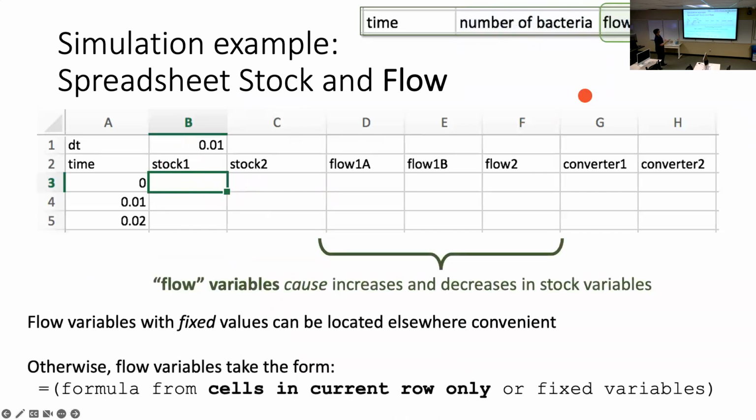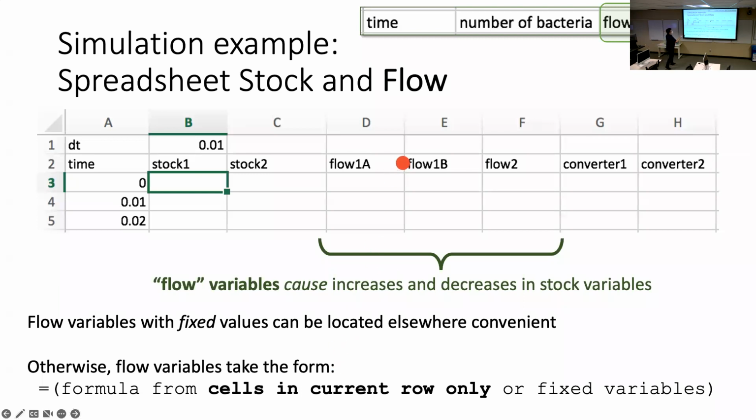So the flow of new bacteria, this is where the actual modeling comes into play. Whereas stocks have initial conditions in the first row, flows have formulas everywhere. And so the flow formulas, that's actually where you're modeling at every instant of time. This is how one state variable relates to the rate of change of another state variable.